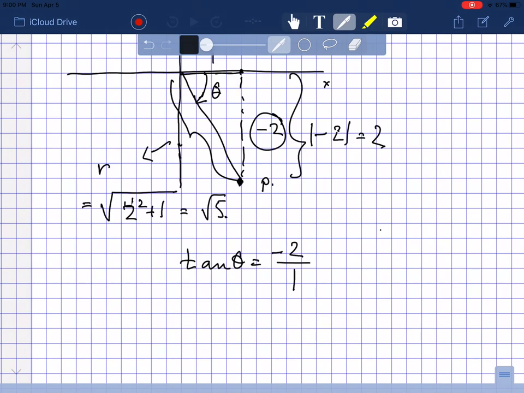And this point P lies in the fourth quadrant. So this tells me that theta is equal to the inverse tangent of -2.